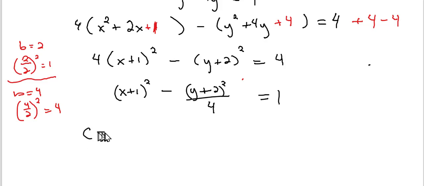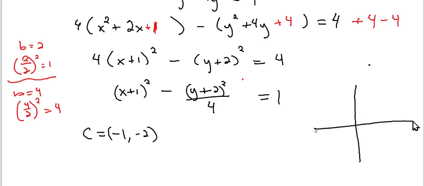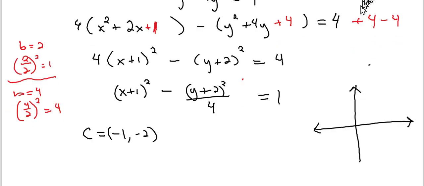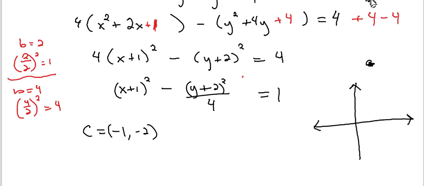That tells me my center is -1, -2. I am very visual, so I need a picture here to help me with this. I don't think I could answer these other questions just because I don't like to memorize those formulas. If you memorize those formulas, you may be able to do that, but I am not a memorize-a-formula kind of person.